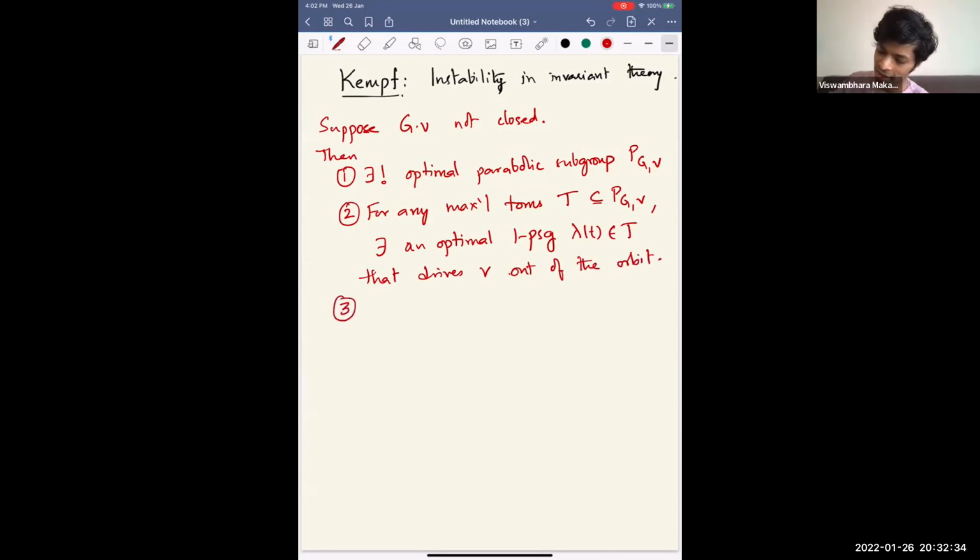And the third thing that really clinched it was he said the stabilizer will sit inside this parabolic.